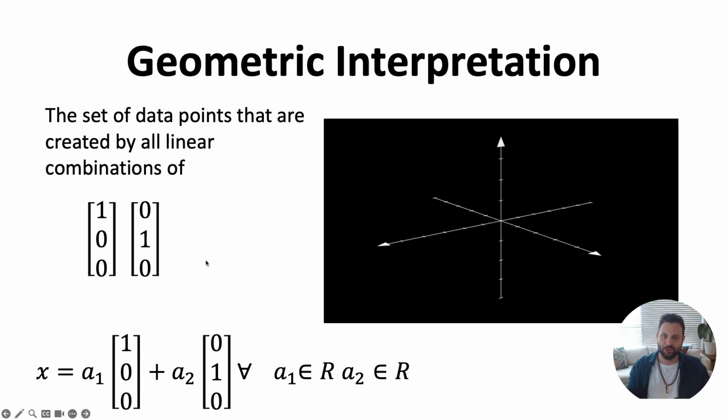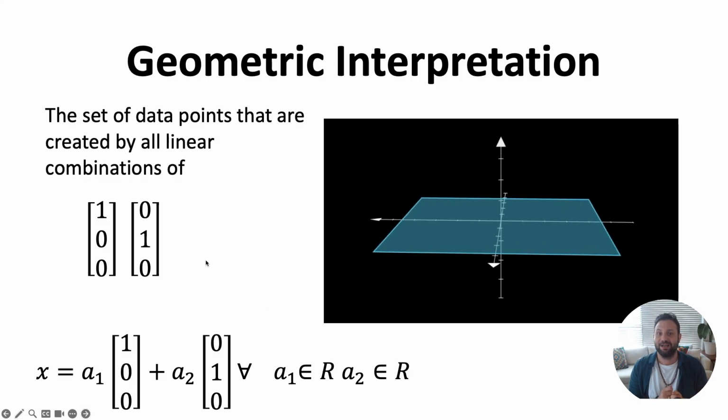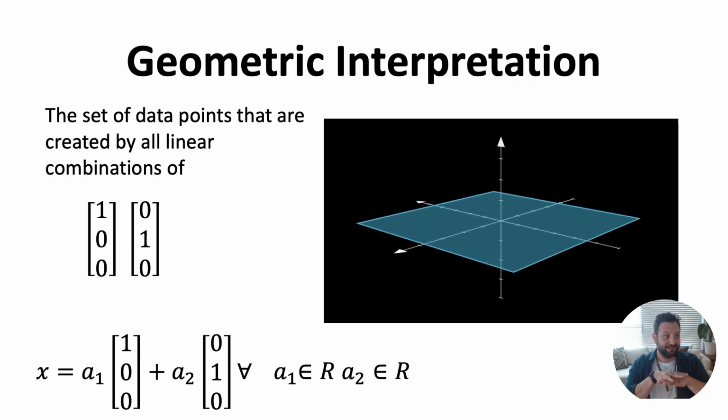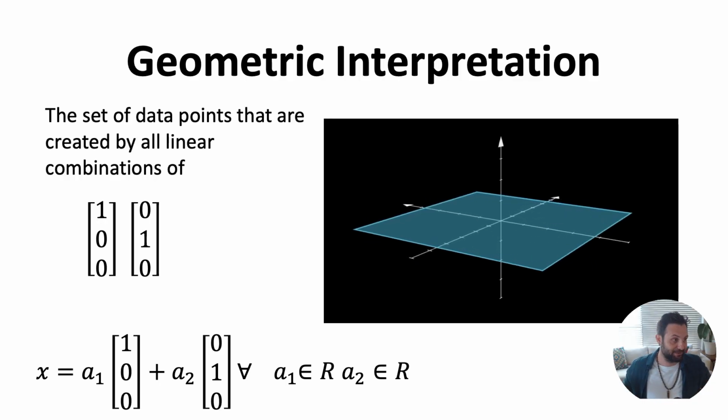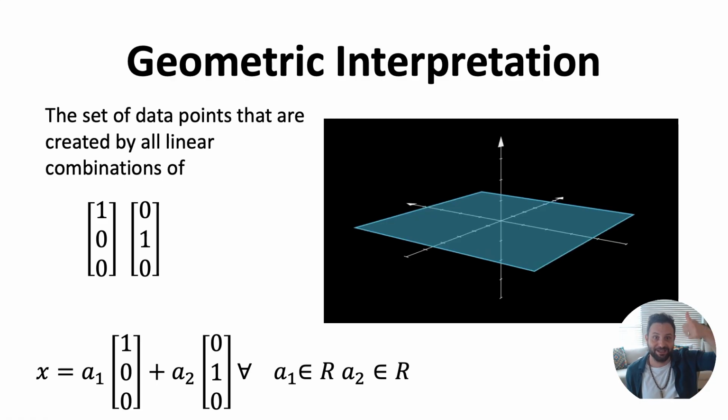Otherwise, if I could paint everything, I would get the plane. So I would get the XY plane. There won't be any dimension along the third dimension, and I would get (1, 2, 0), (5, 6, 0), all of these (a, b, 0) points.